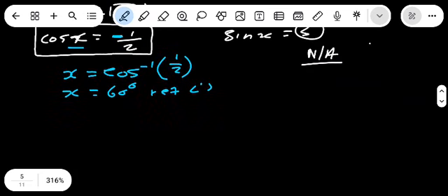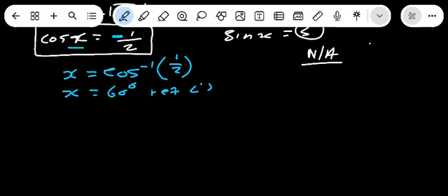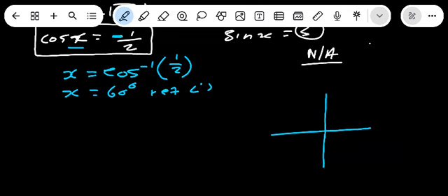Then you check your CAST diagram. Remember, all students take calculus. So here we have 180 plus theta, 180 minus theta here. Here 180 plus theta, isn't it?